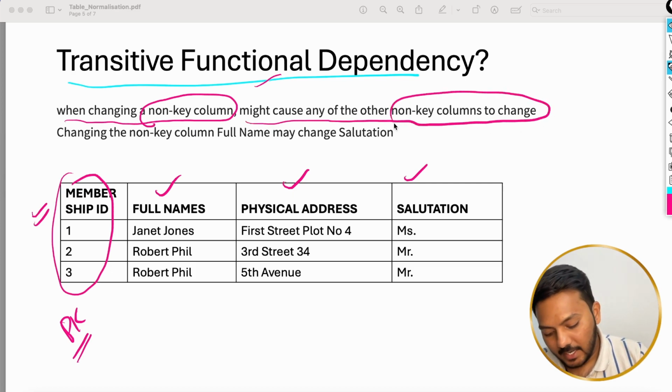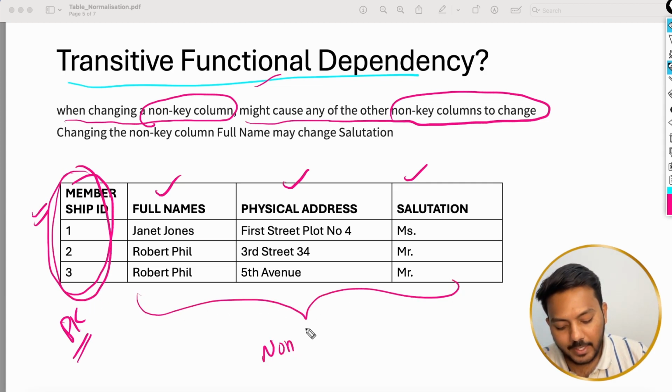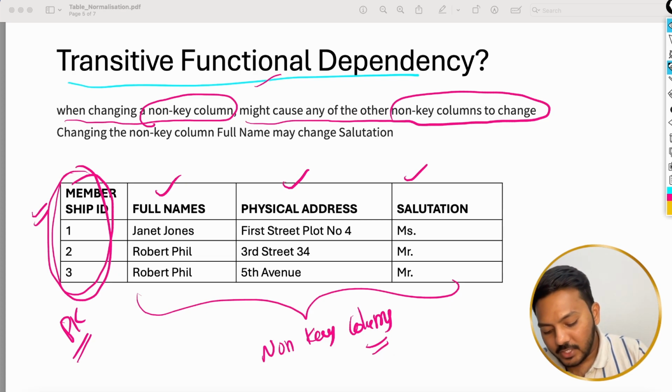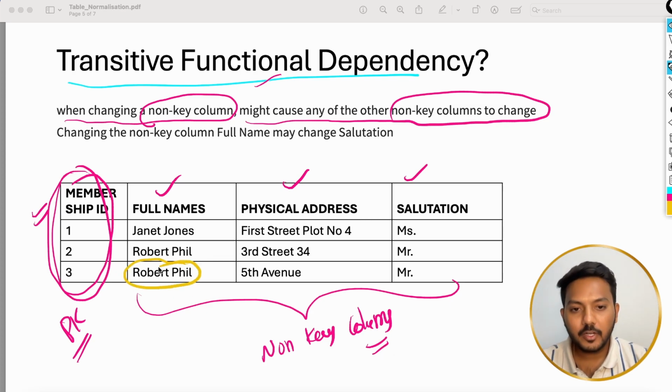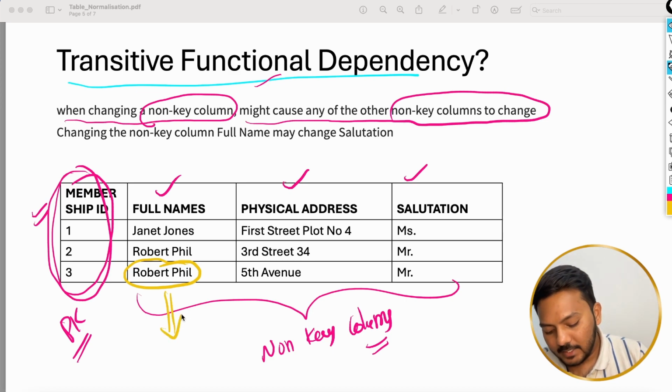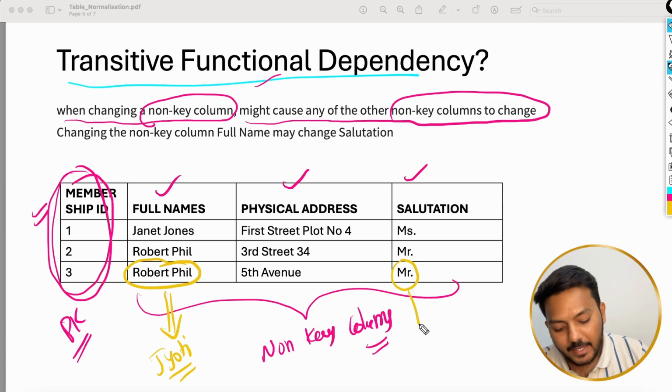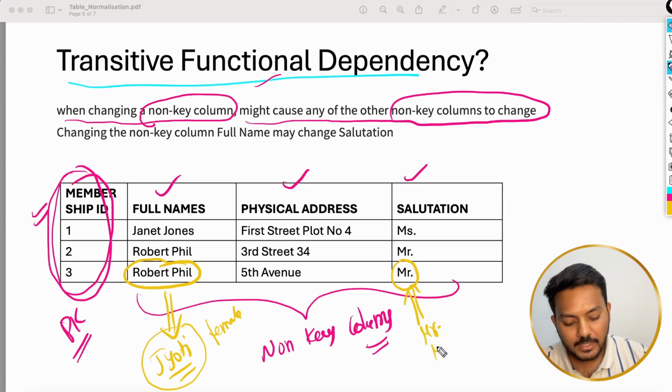Now let's understand. So this is a primary key. All of these are called non-key columns. And here, let's say, if I change the value of Robert Phil to maybe, let's say, Jyoti, and here I need to change the salutation, right? Jyoti is a female name, and I would have to either give Miss or Mrs., right?